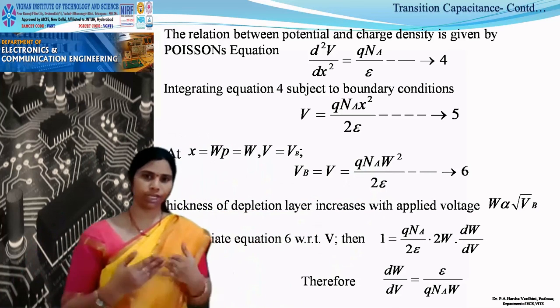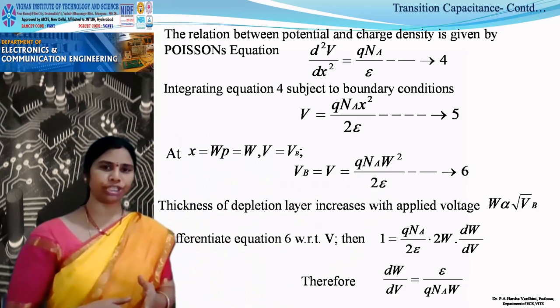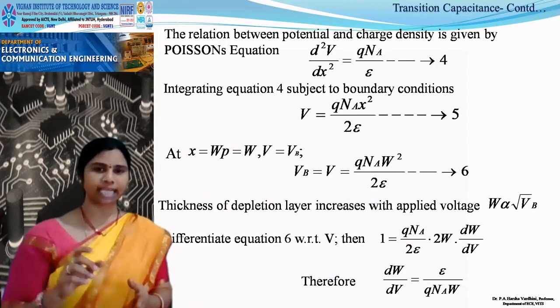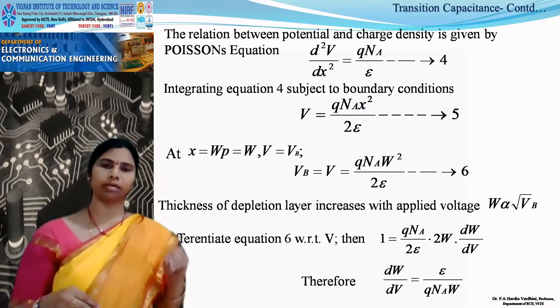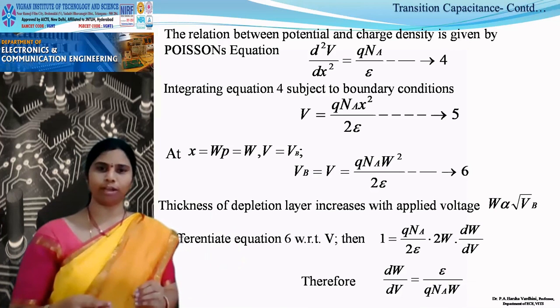If I change the diode, if I take a grown junction for example, it's another type of how you make it. You continuously add third and fifth group elements to a pure silicon material to get a grown junction.